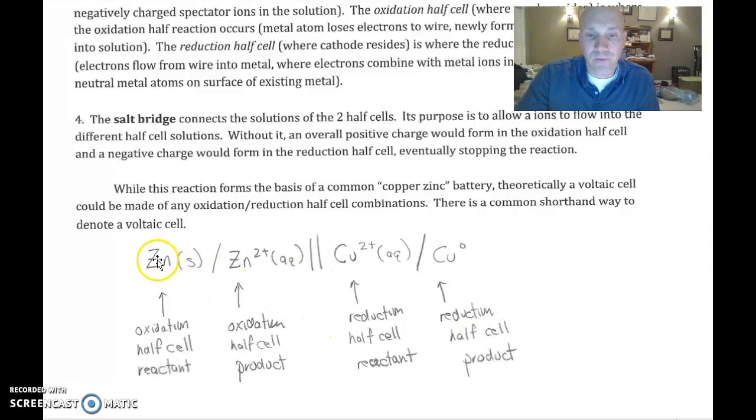So any voltaic cell could be denoted by this shorthand notation. Notice it doesn't just have to be zinc and copper. All right. Note one thing, that if this is a voltaic cell, we would never have these on the left side because the reaction is only going to happen in that particular direction. So hope that helps, and I will be giving you some practice in drawing these shorthand notations.